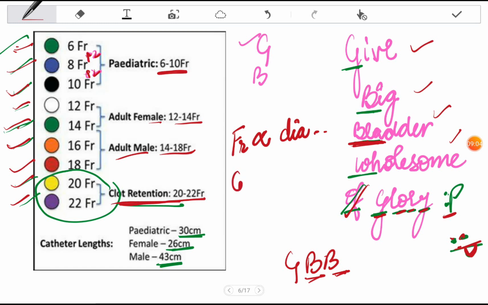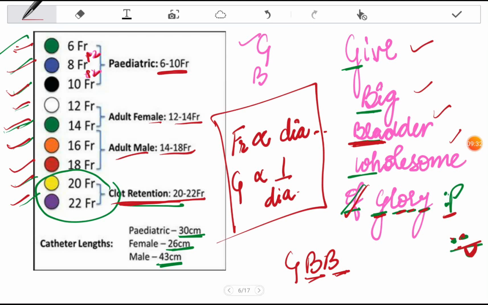But the gauge which we used back then in IV cannulation is inversely proportional to the diameter, meaning if the gauge is big, the diameter will be small. So a larger gauge needle will be used in a pediatric patient. So here it is opposite, the French is directly proportional to the diameter. Just remember this for life, it's going to help you much.